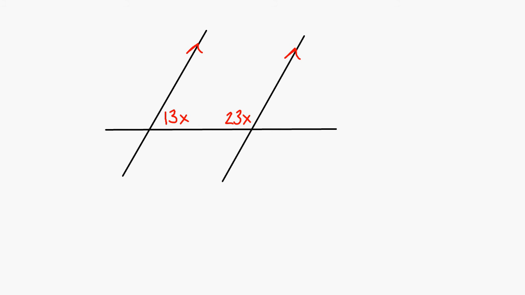And what do you have to find? The measure of angle TUS. That is this angle right here. So again, you're going to need to find the value of x.